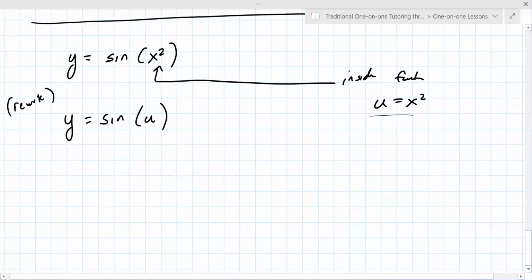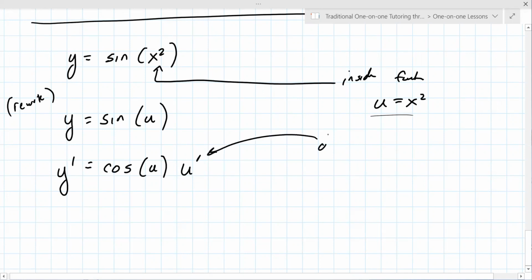Yes. Okay, so the derivative of sine, do you have that in your table there? What's the derivative of sine? Cosine. Derivative of sine is cosine, but the chain rule is you have to take the derivative of the inside function.